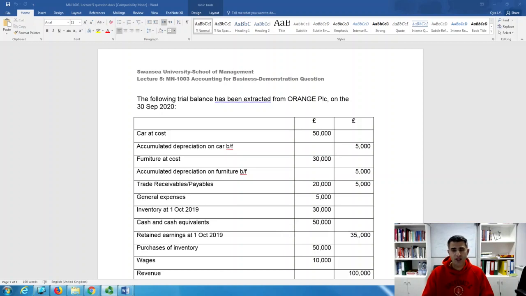Of course, the statement of financial position, which is the last statement, is based on the accounting equation: assets minus liabilities equals equity. Assets include non-current assets and current assets, liabilities include current liabilities and non-current liabilities, and equity includes the share capital, share premium, and retained earnings.